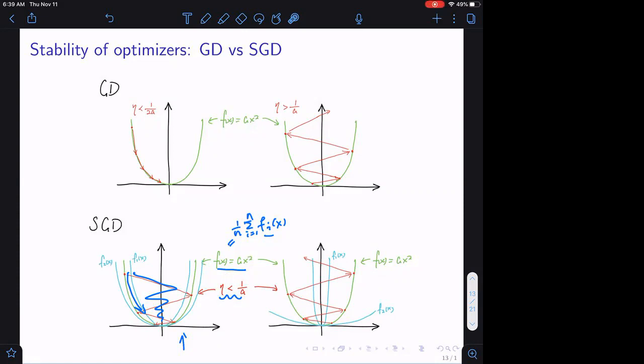The reason is that with half of the probability, it's going to touch this flat landscape, so even for a big learning rate, you will converge. But with half of the probability, you will touch this very peaked landscape. Whenever you touch it, your learning rate criterion will be much sharper. So even for a small learning rate, you might experience this blow-up phenomenon. So the stability for SGD is typically much more strict compared to gradient descent.